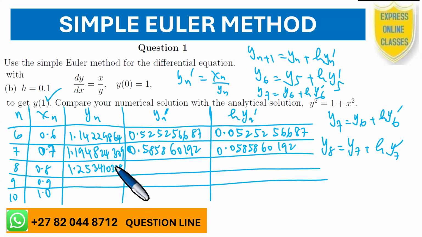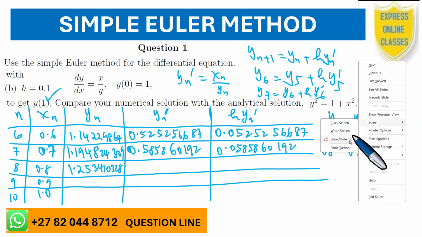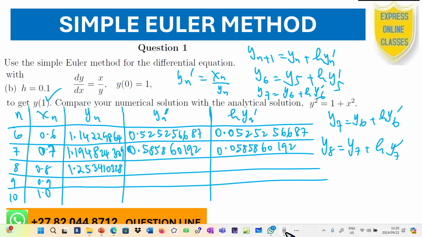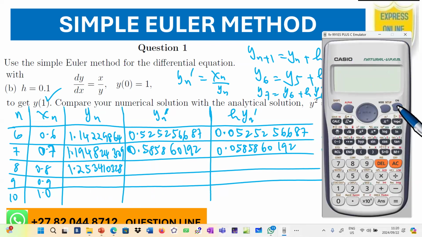Now you divide x8 by y8, and then you get the answer.